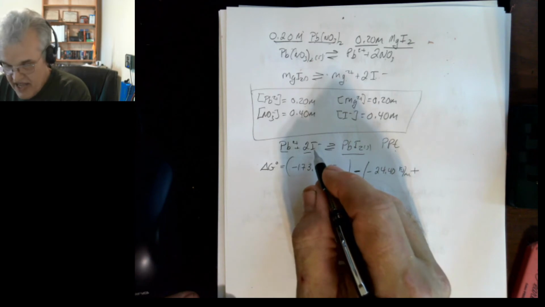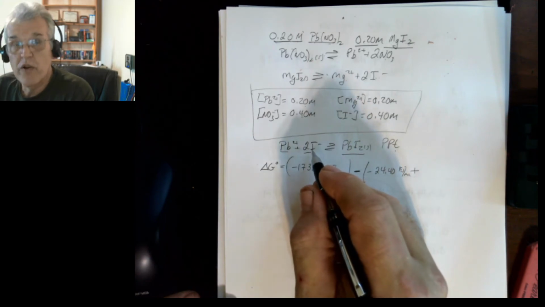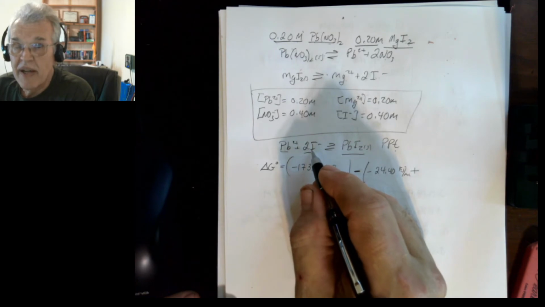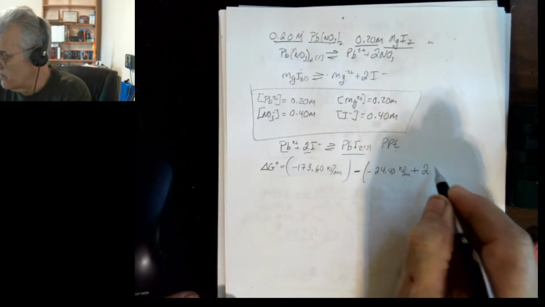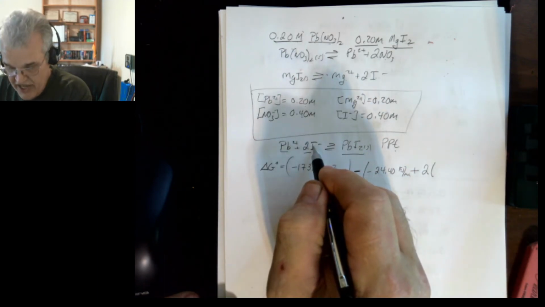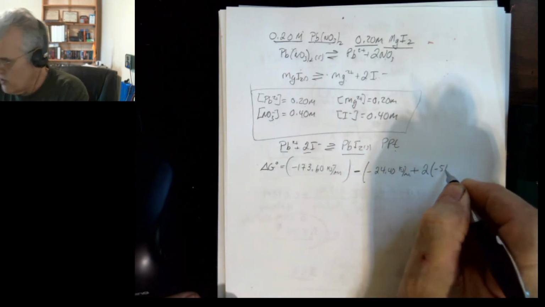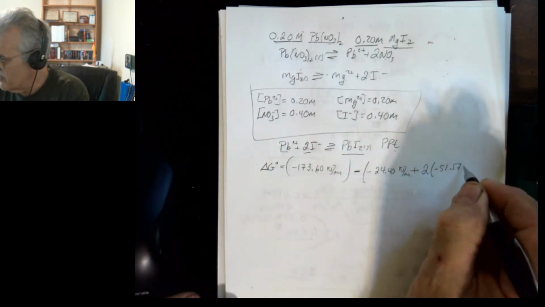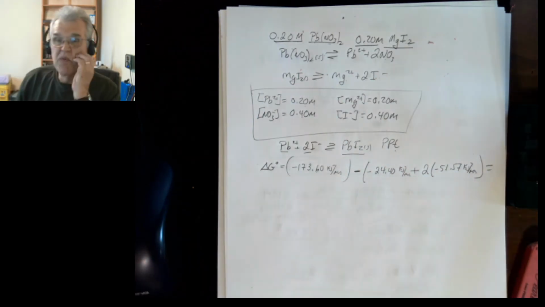Also for the iodide, that's I2, but there's two of them, but we don't square it. That's different. That's for like formations and everything else. This is for the energy. There's two of them, so it's 2 times the energy of 1. And in this case, the energy of 1 is negative 51.57 kilojoules per mole. Okay? So all of that's important.